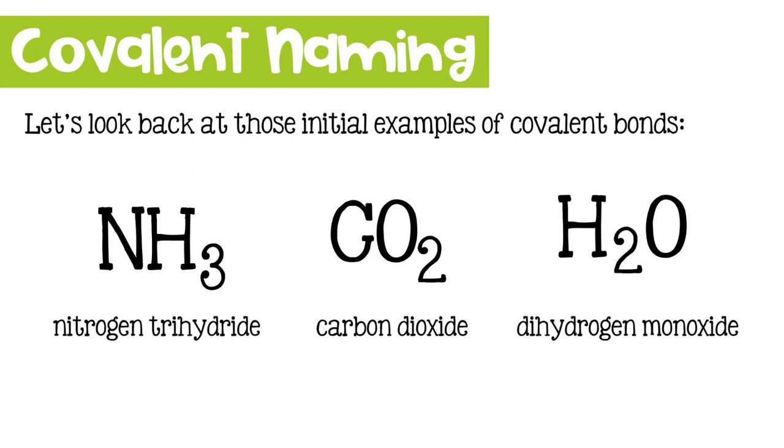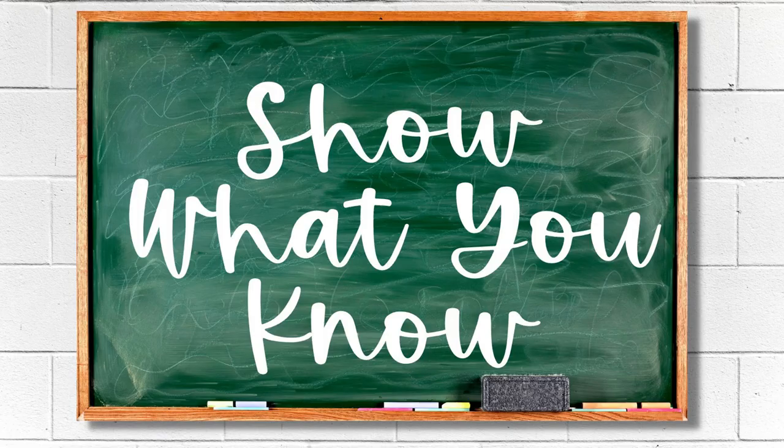H2O has 2 hydrogens and 1 oxygen, so we call that dihydrogen monoxide. Notice how the beginning element has a prefix unless there's only one. However, the ending element always has a prefix, even if there's only one. Also, all of these end in "ide".